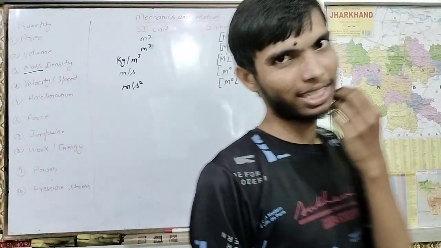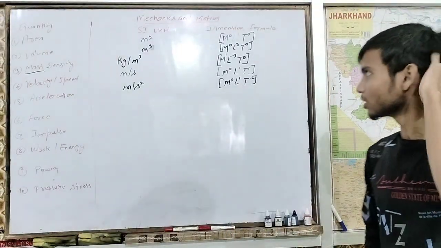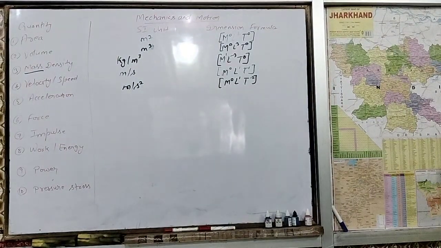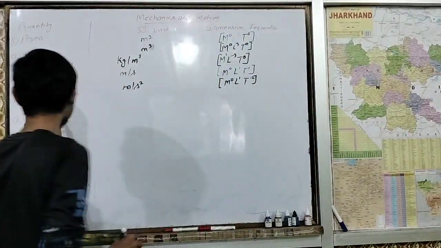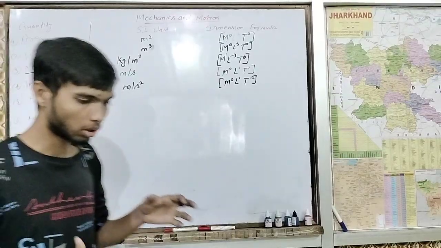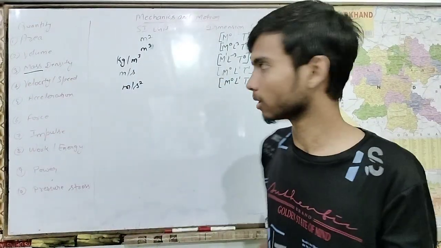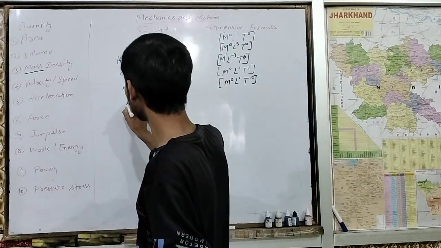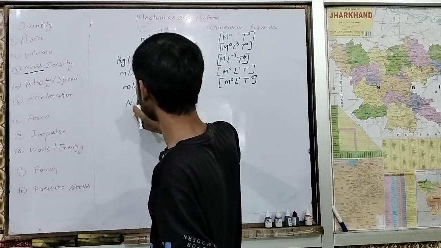Next we have force. The SI unit is Newton. You know that force is measured in Newton. You will have to remember this because a lot of times Newton will come. So the SI unit for force is Newton.